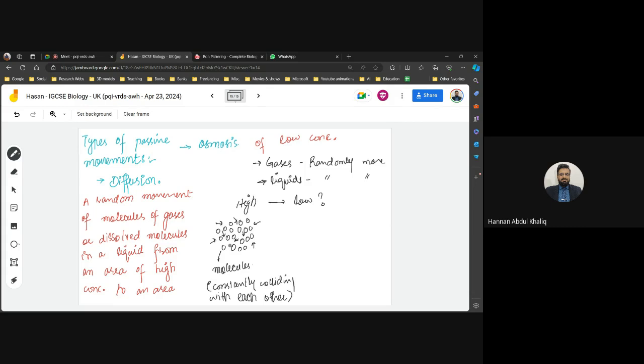Now, over here you only have 3 or 4 molecules. If I say that this is area A and this is area B, where would you see the largest collisions?